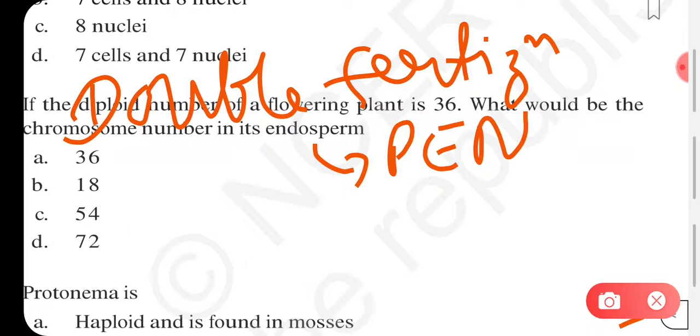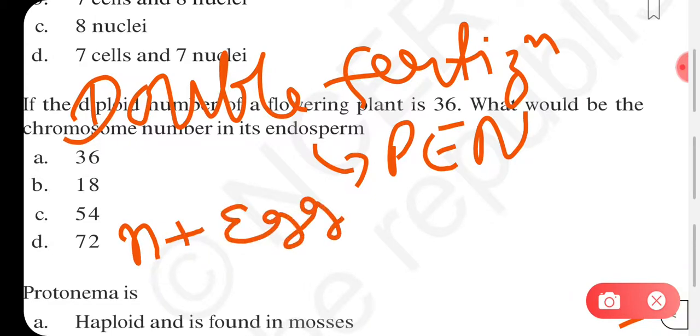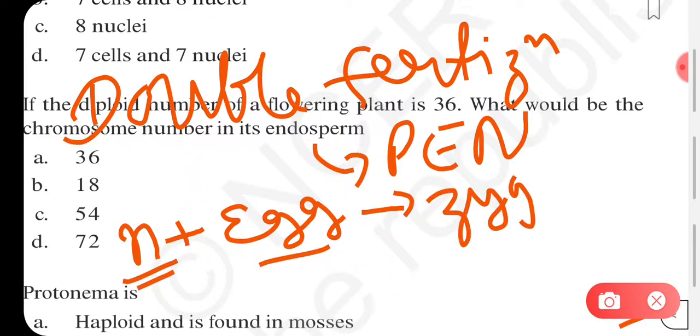There are two male gametes actually. One of the male gametes goes and fuses with the egg cell, and it will form a zygote. When the male gamete fuses with the egg cell to form a zygote, we call this type of fusion syngamy.